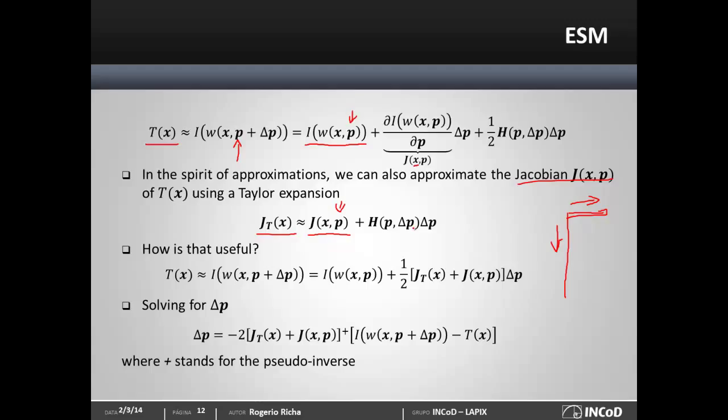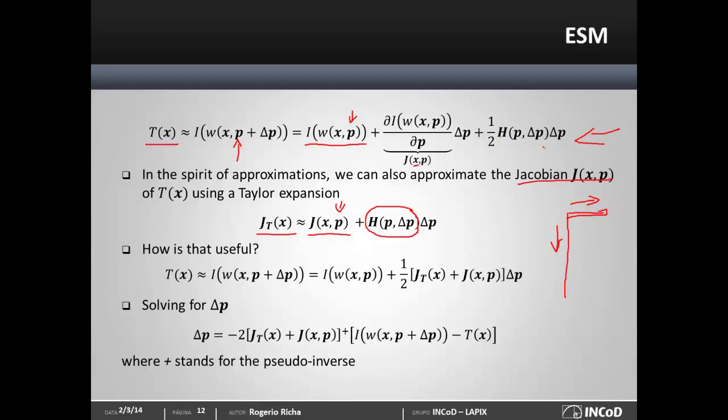And how is that useful? Well, it is useful because I can simply isolate the second-order term and replace it in this original equation. So let's isolate the second-order term and replace it in this equation on top.